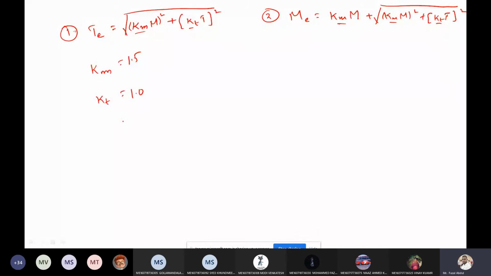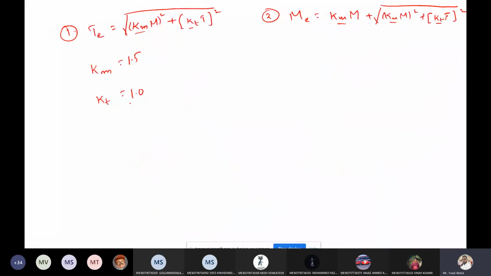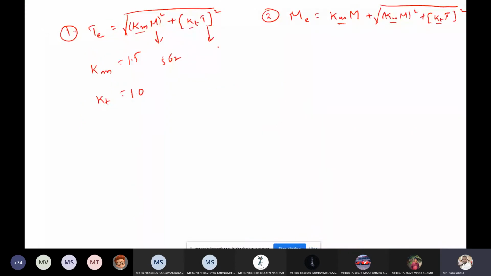Now, M and T we already calculated. How much M value did we get? 562. And T value, how much did we get? T value we got as 954.